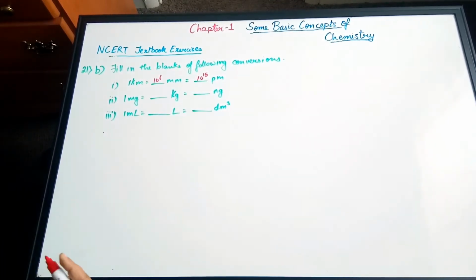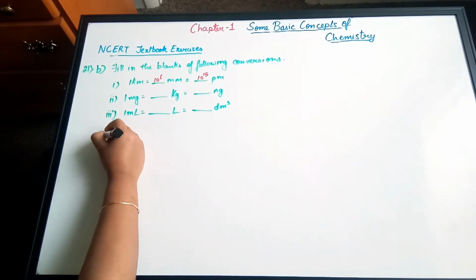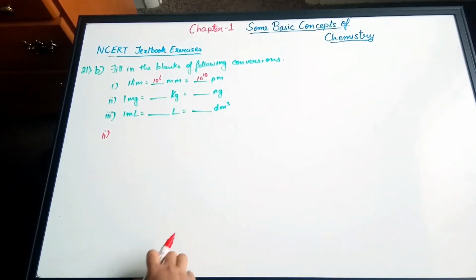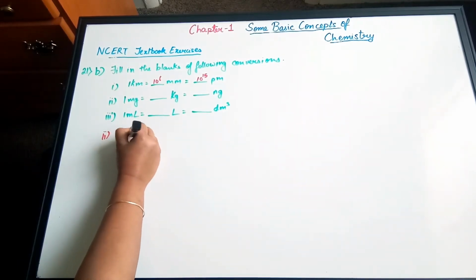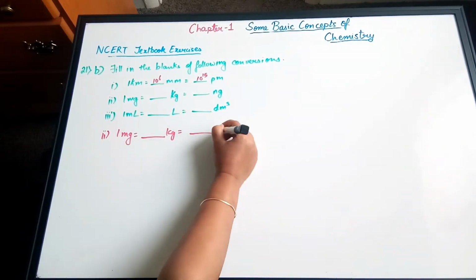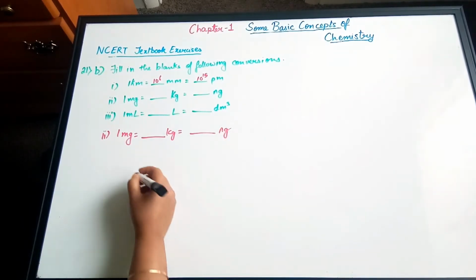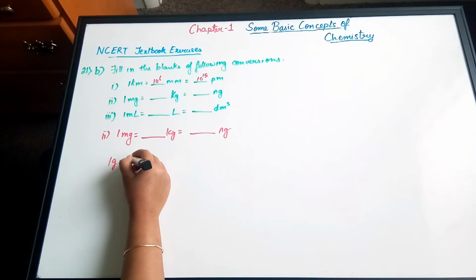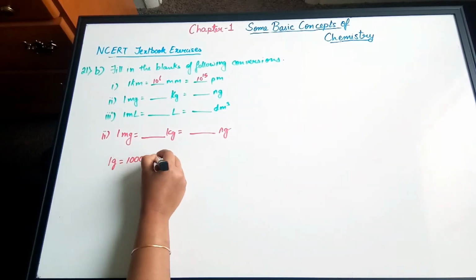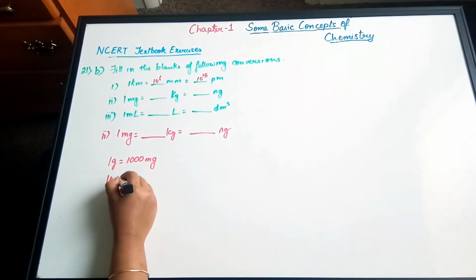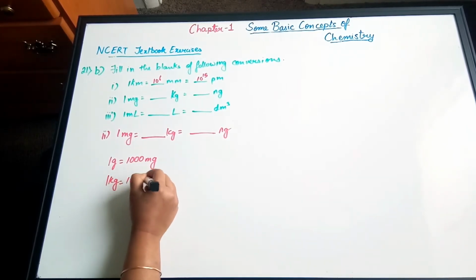Next one, we need to convert 1 milligram equals how many kilograms equals how many nanograms. So 1 gram equals 1000 milligram, and 1 kilogram equals 1000 gram.